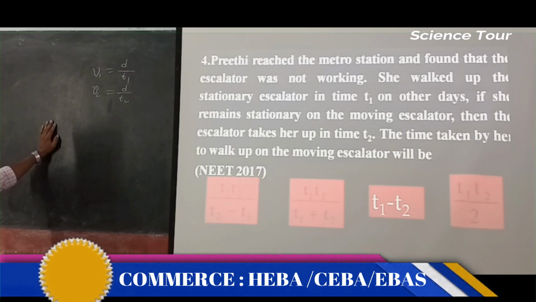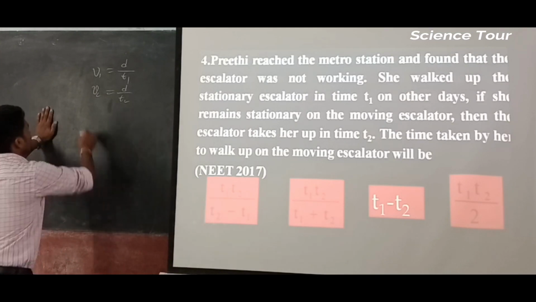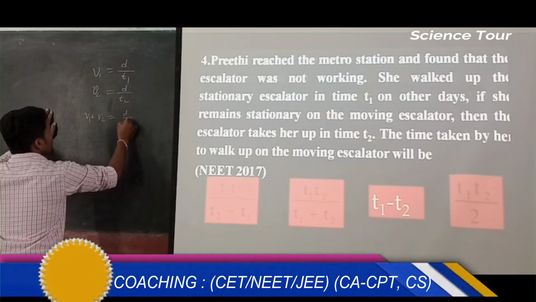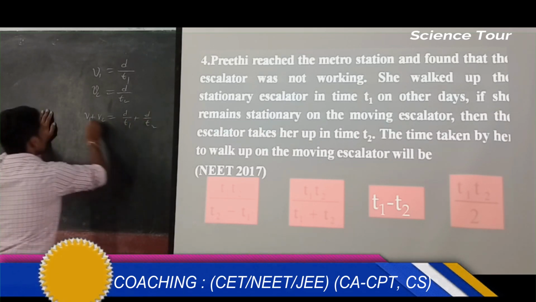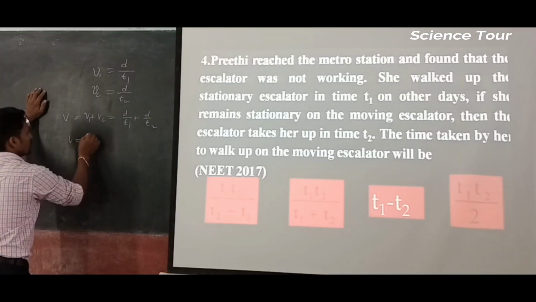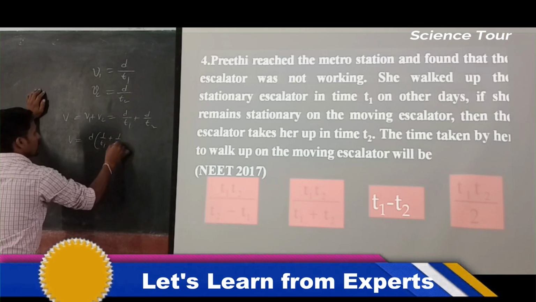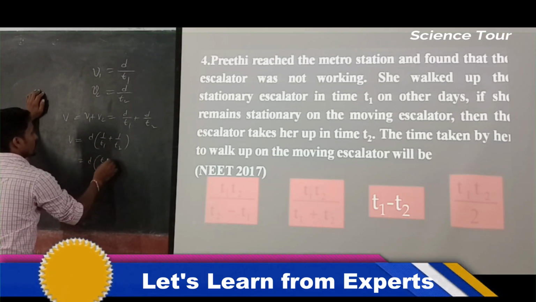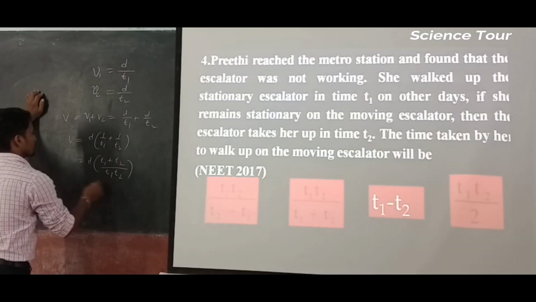Now in the next case, she is also moving, escalator is also moving, means v1 plus v2 which is equal to d by t1 plus d by t2. Say it is v. So v is equal to d, the common term, into 1 by t1 plus 1 by t2. You can write it as d into t1 plus t2 divided by t1 t2. That is v.